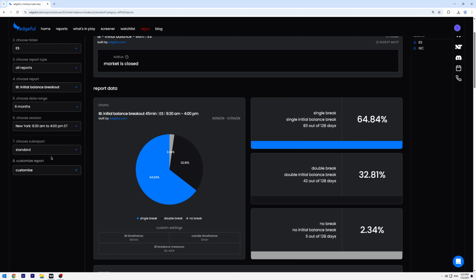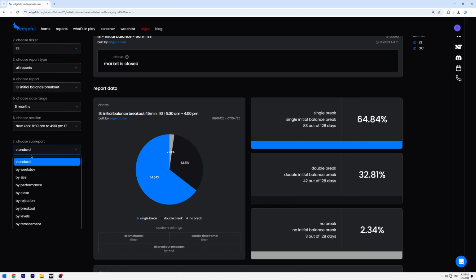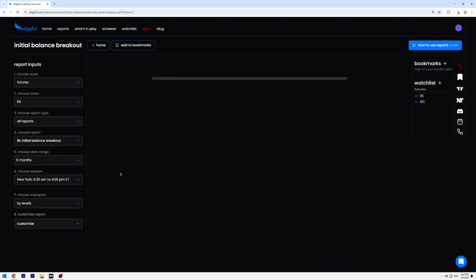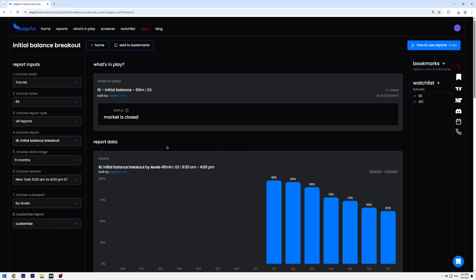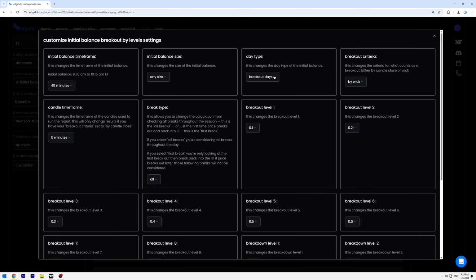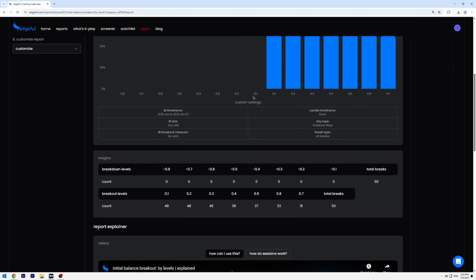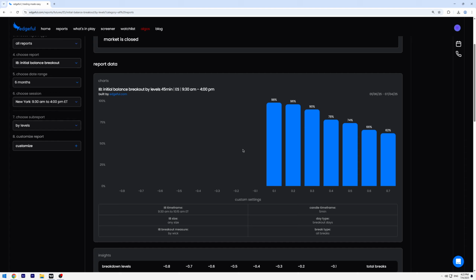If you go to the reports, initial balance breakout, here you go to levels and breakout days. So for breakout days, when we have a breakout, it's pretty much 96% that the price reaches 0.2.